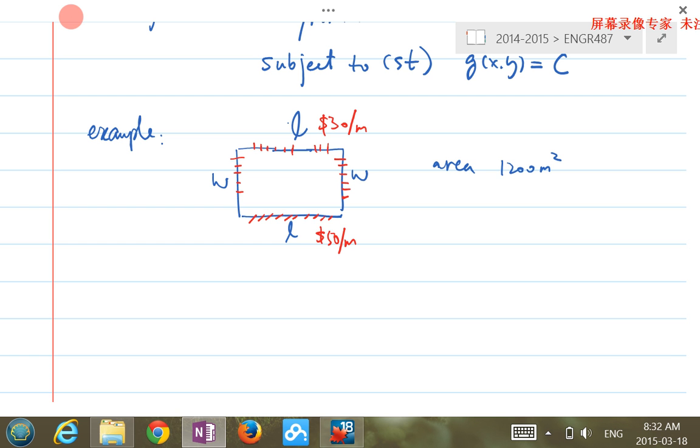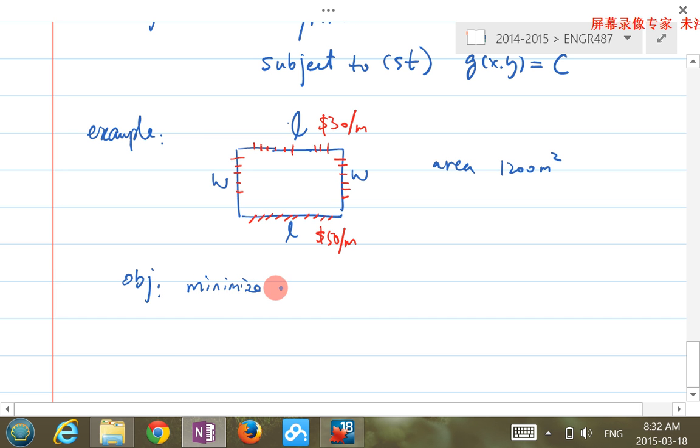So the objective here is to minimize the cost. And what is the function for the cost? The cost C depends on the length L and the width W. This side of length L is $50, so 50 times L. And these three sides are all $30, so 30 times (L plus 2W).